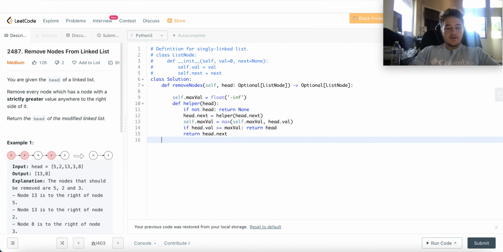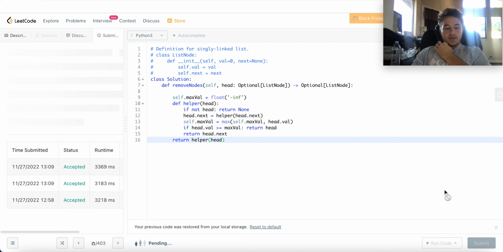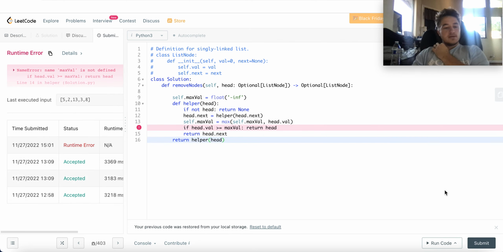And then now that we've done that, we can just run this helper function on the head. And then we hit submit and we pray. Sometimes I just sit and pray. Oh, so it's got to be self.max value since I define it that way.